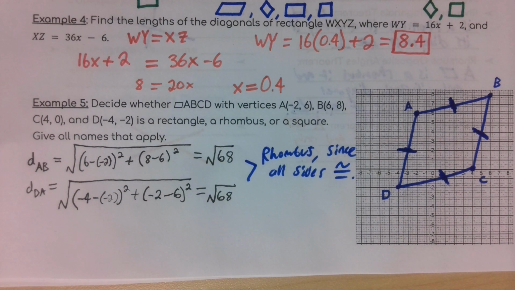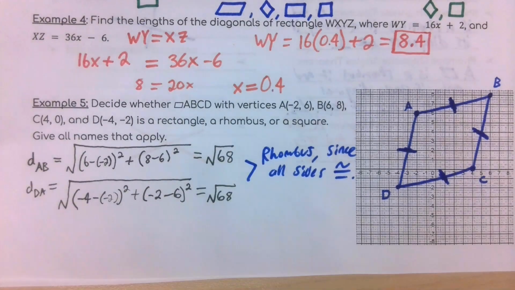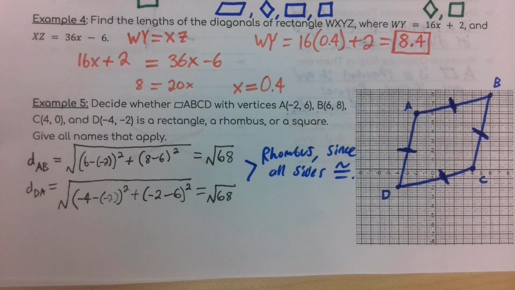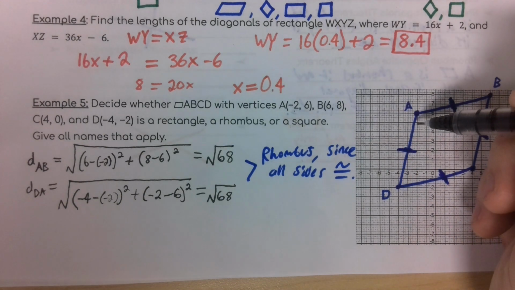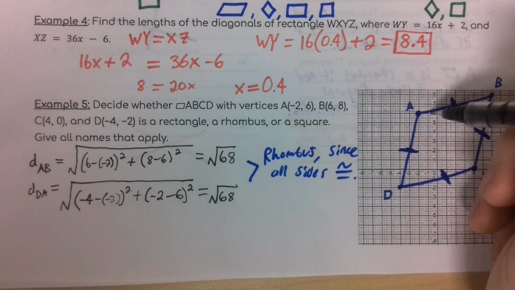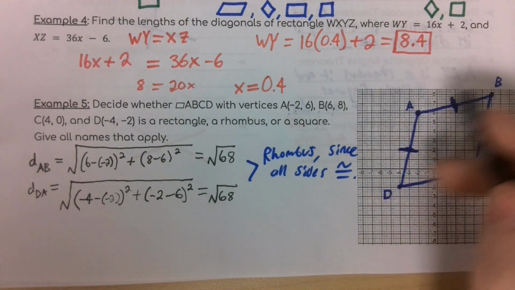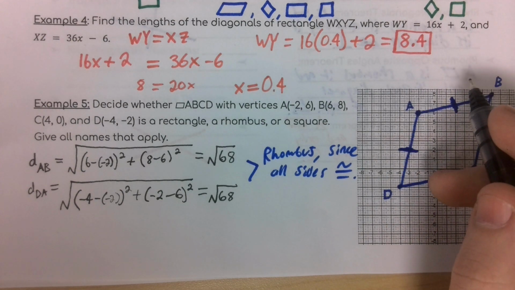So if we really wanted to see if these angles are congruent, we would need to see if they're right angles. How do you know if 2 angles are right angles? You know something's a right angle if the lines are perpendicular. So we need to show that these 2 lines are not perpendicular.